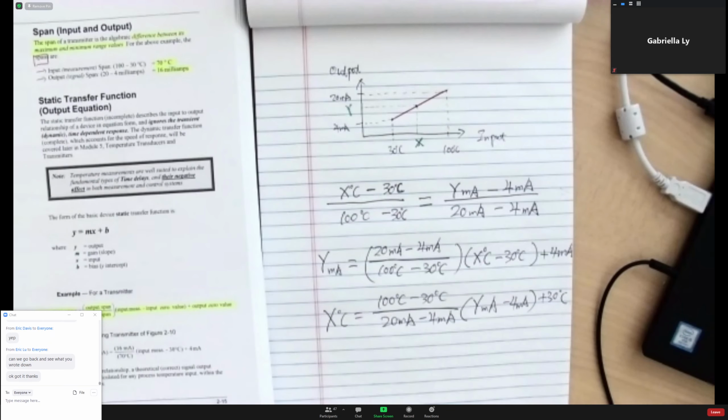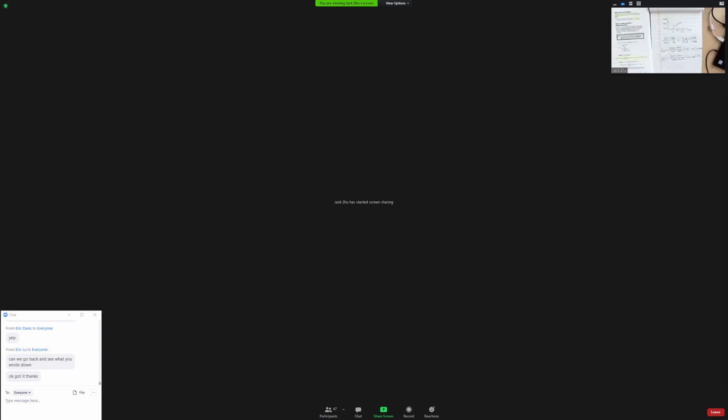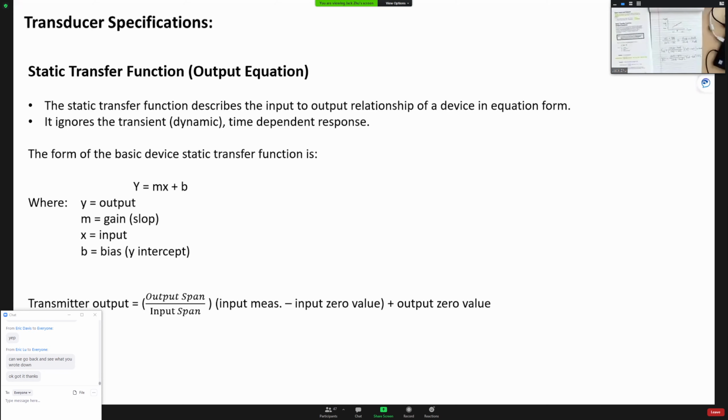And you will use this formula, like I said. You have about 9 calculation questions, I believe. If I remember right, you're going to use this formula for at least 7 or 8 calculation questions.